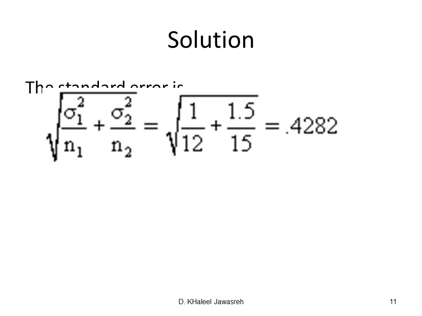So we have sigma 1 square and sigma 2 square, and we know the number of observations drawn from those two samples. The first population variance, sigma square 1, is 1. It has been given in the example. So we have 1 over 12, where 12 is n1, and 1.5 over 15, where 15 is the number of observations for the second population, and sigma square 2 is 1.5.